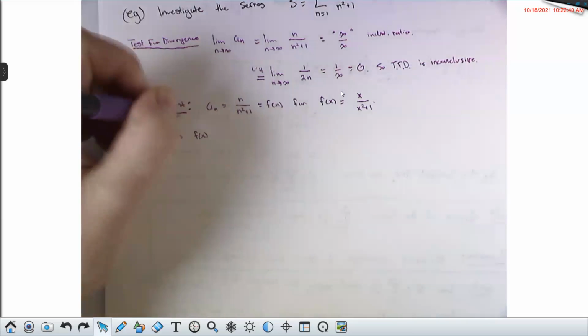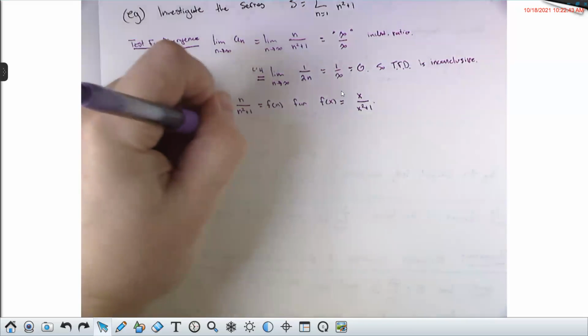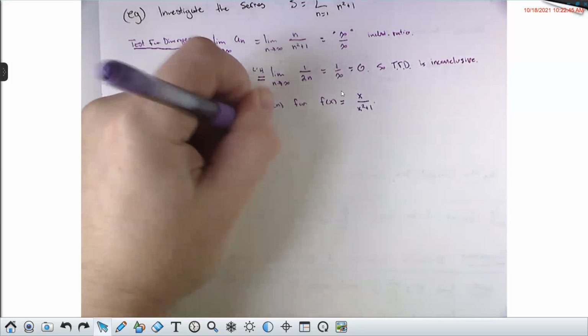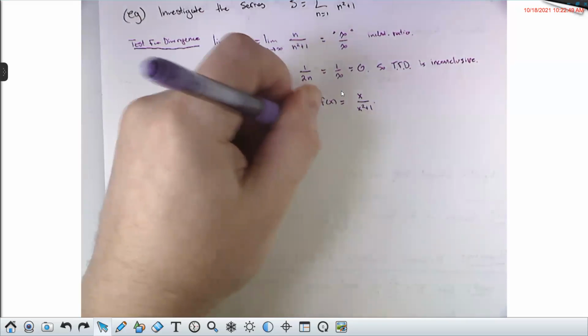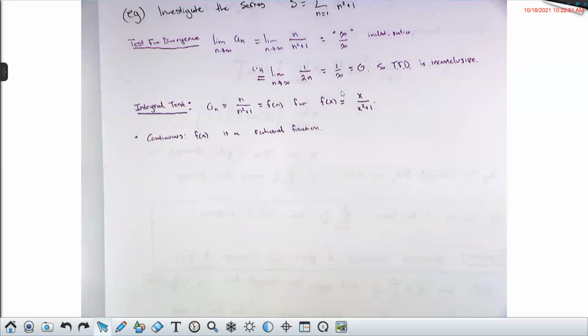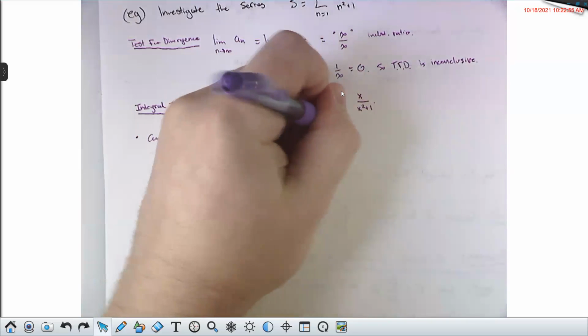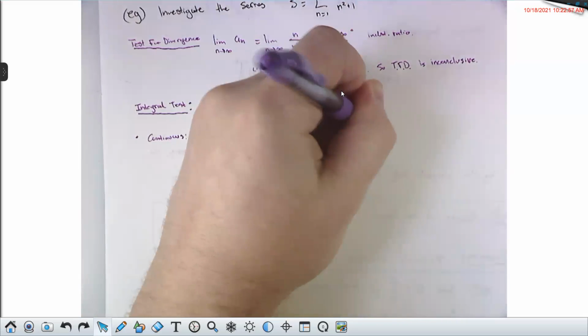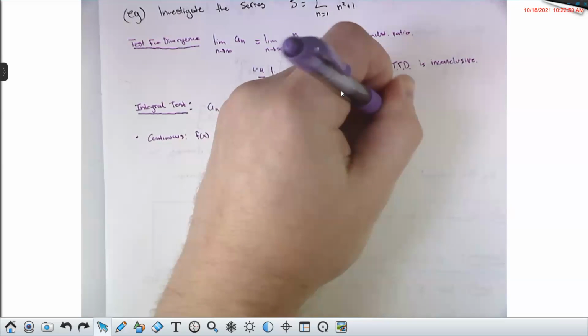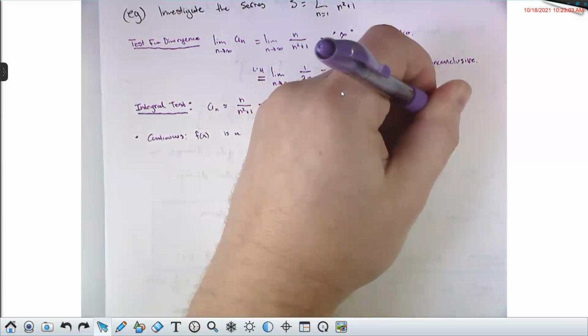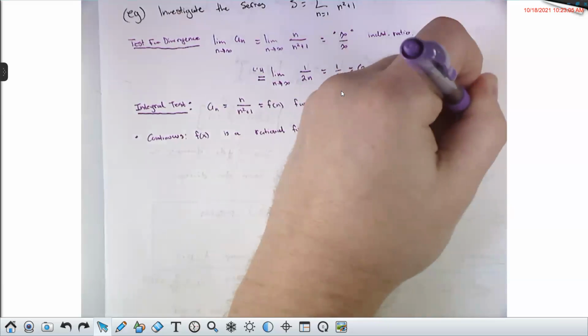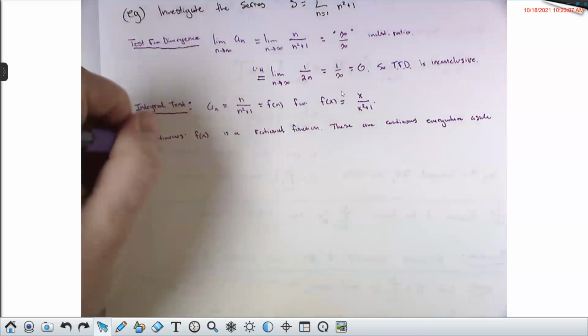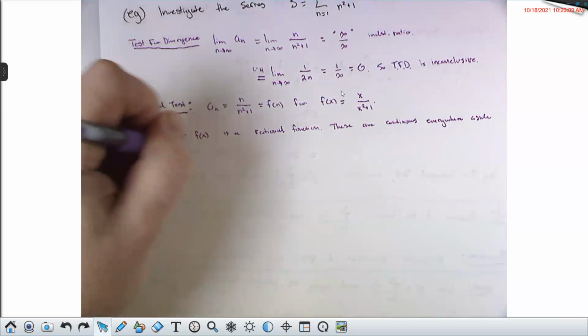So f of x is a rational function. Remember, rational functions are ratios of polynomials. These are continuous everywhere aside from when the bottom is 0.